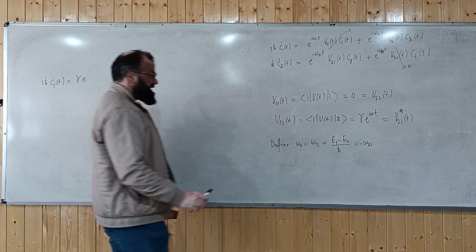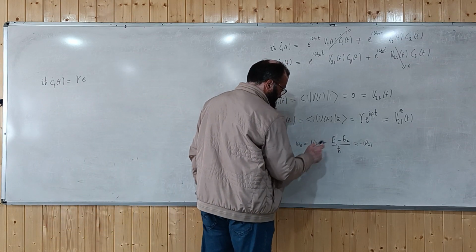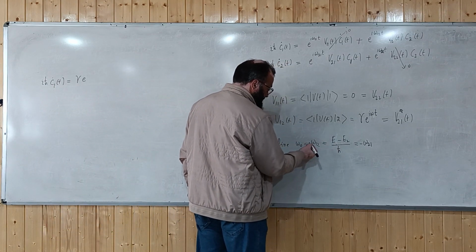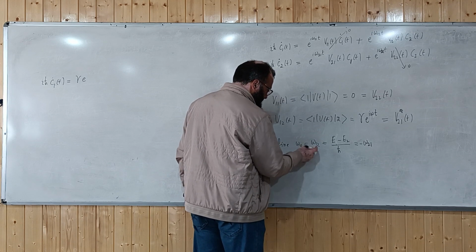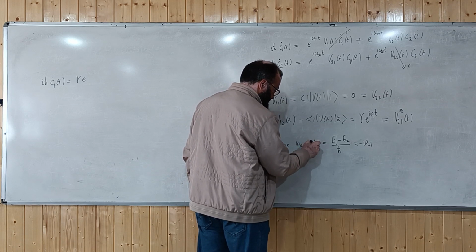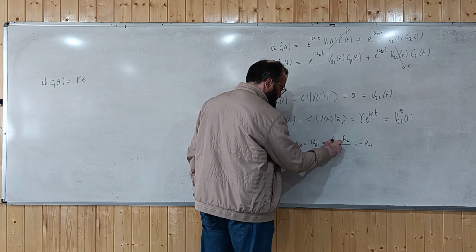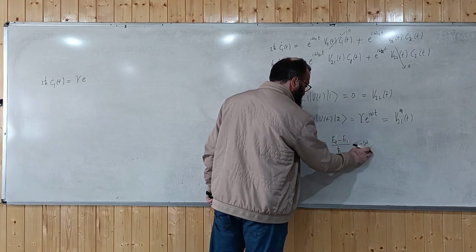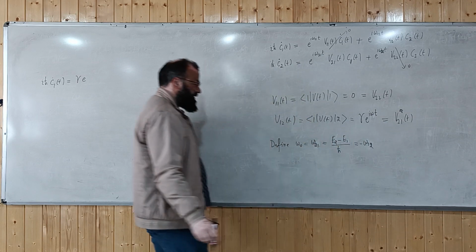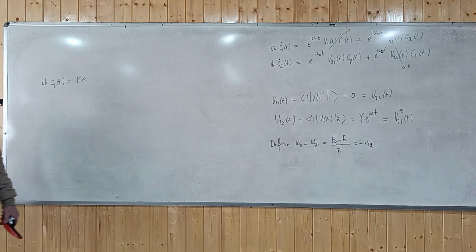So I will put it this way. Let me write this with 2 1. So that's minus 1. I will define omega naught to be omega 21.